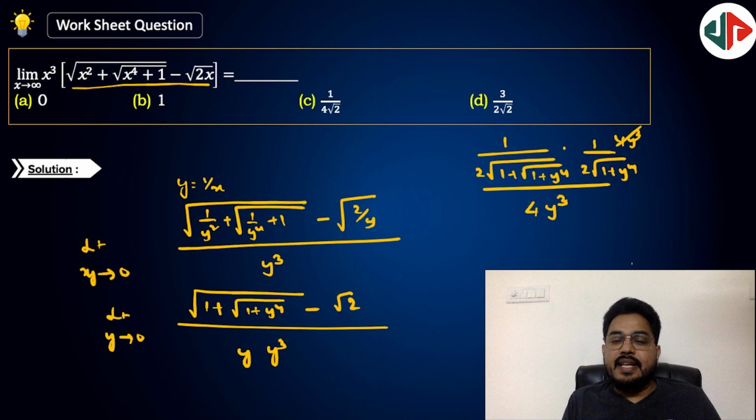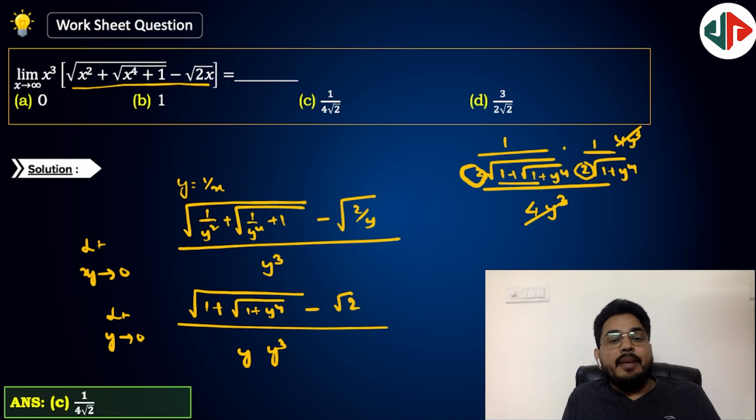This cancels. Now you substitute y tending to 0. So this value is 2 into 2, 4, and the inside value is root 2. So the answer is going to be 1 by 4 root 2.